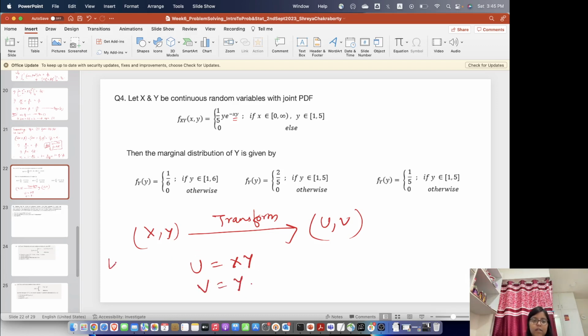Let us define u equals xy and v equals y. Okay. So now for this sort of transformation uv, I already told you about the Jacobian, right? So let us find out what the Jacobian of this transformation will be.